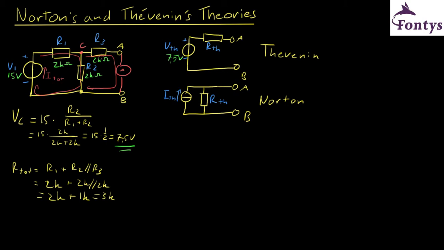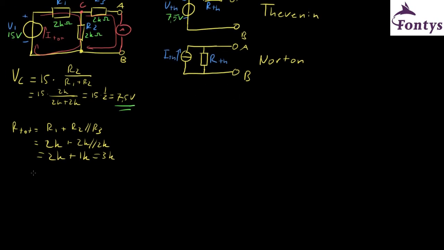If we want to calculate the current that's flowing, we have to use Ohm's law. So the total current, the I total, is the voltage, V1, over the total resistance, which is 15 volts over 3 kilo ohms, which makes 5 milliamps. So the total current of the voltage supply is 5 milliamps.